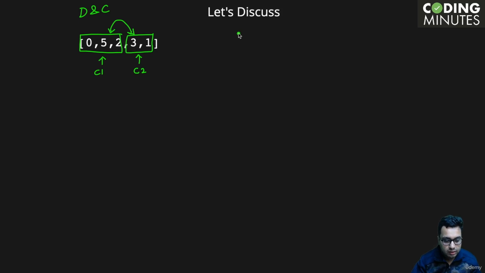Let us see what the inversions in C1 are. In C1 we have the inversion 5 comma 2. C2 means both elements lie in this part of the array, so 3 comma 1 is an inversion. And what are cross inversions? I just call them CI. Cross inversions are those in which one element lies in one part of the array and the other element lies in the other part.